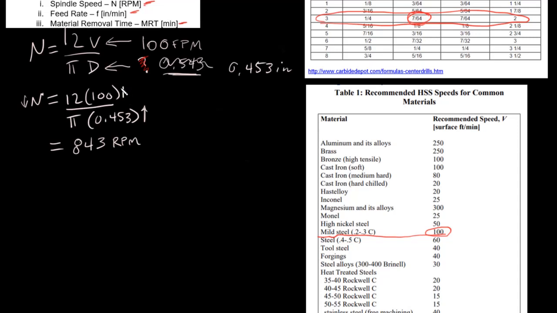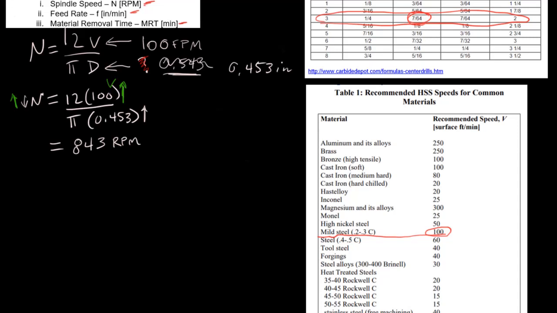As you have a softer material where V goes up, N will go up. So you can see the relationship here with the diameter and the surface speed. So for hard materials, the N would go down because your surface speed would go down.